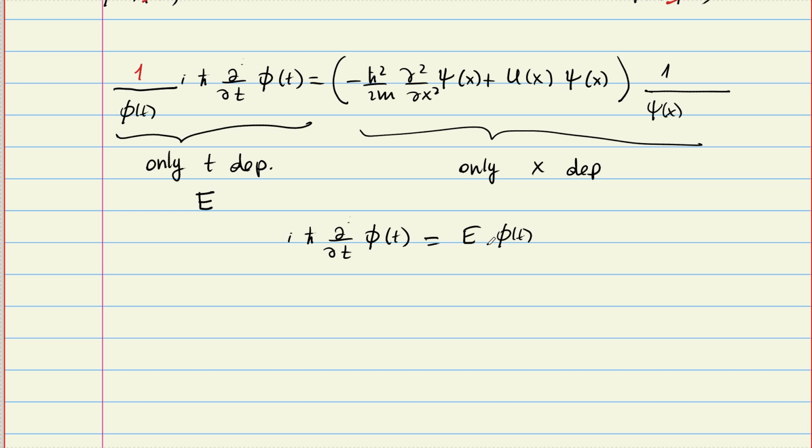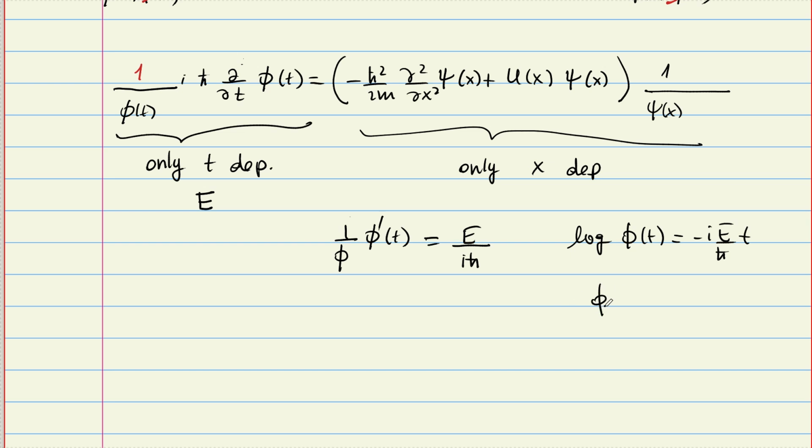You won't have simpler things than this, right? If you want, you can take iħ here and take phi here, and it is derivative of phi divided by phi, and we know this is going to be log, right? Okay, this is gone, and log of phi of t is going to be minus i E over ħ t times a constant, right?